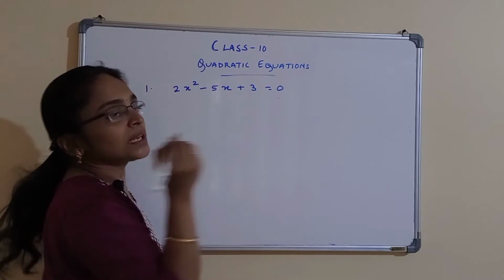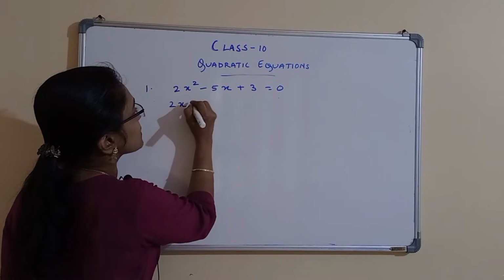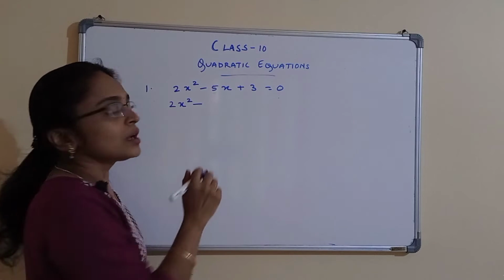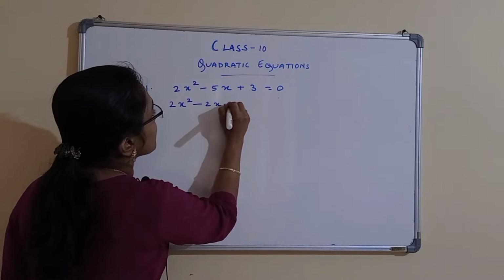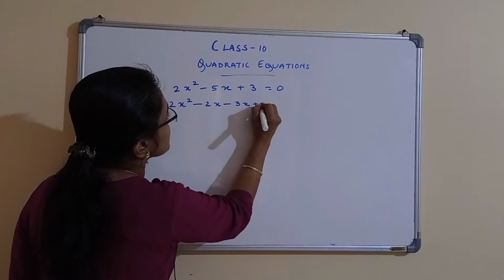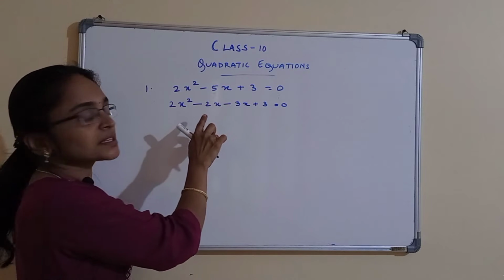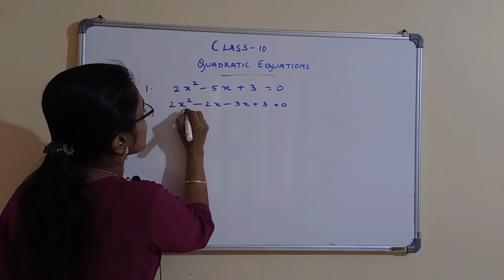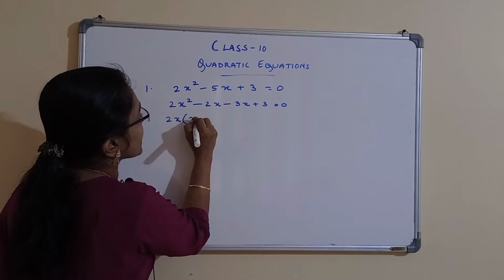2x square minus 5x plus 3 equal to 0. So we can split it as 2x square minus 2x minus 3x plus 3 is equal to 0, because minus 5x is minus 2x minus 3x. If we take 2x outside, we have x minus 1.